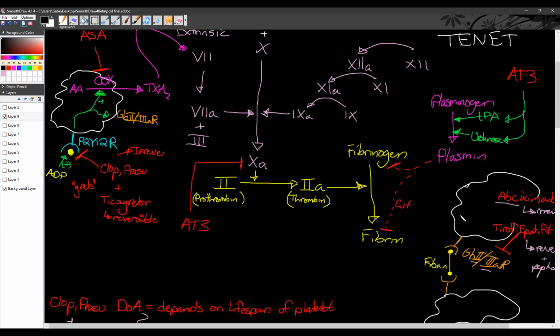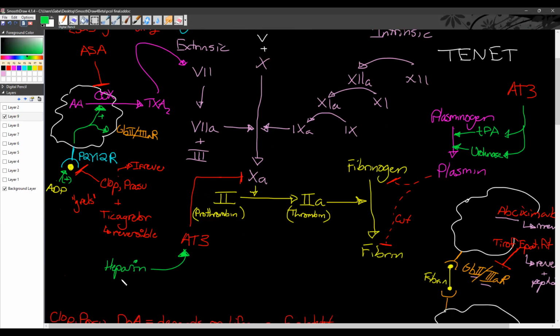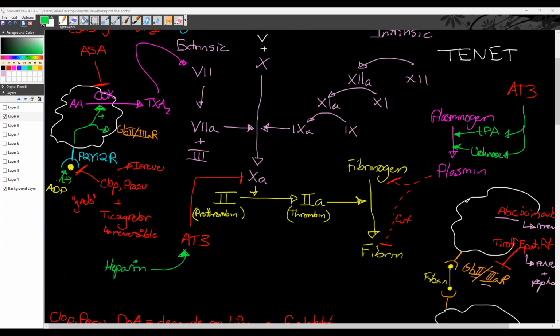All right. Which drug that we just talked about activates antithrombin 3? Heparin, exactly. What else can activate it? Low molecular weight heparin. Can that go in there? Yeah, it does.